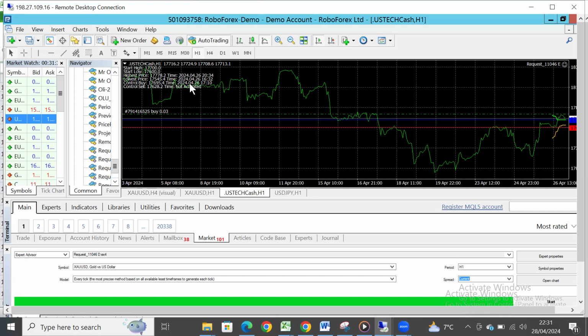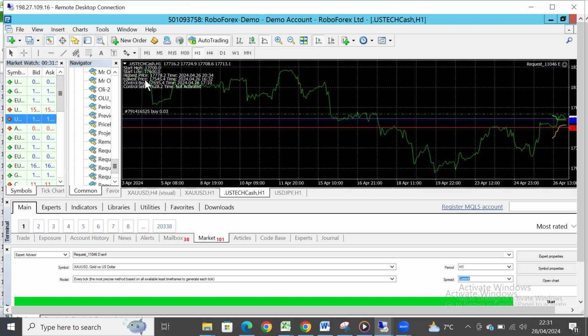Okay, so this will help us to quickly identify the direction that the market is going, and then we take the opportunity from that price as quickly as possible.